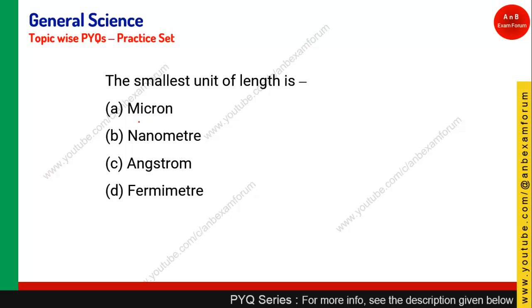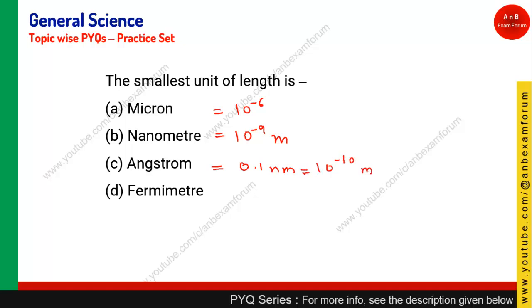You should remember that micro is basically 10 power minus 6. If you see nanometer, nanometer is 10 power minus 9 meter. Angstrom is basically 0.1 nanometer, or you can say 10 power minus 10 meter.